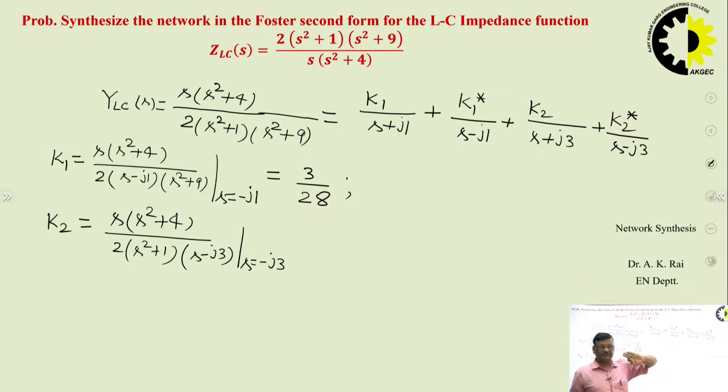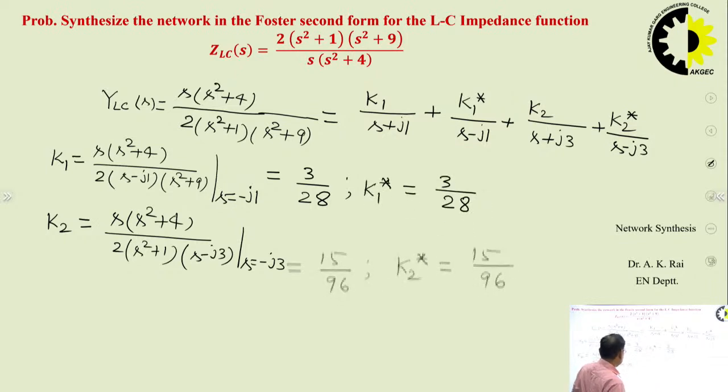The technique for Foster's is the partial fraction expansion. Before carrying out the partial fraction expansion, you must ensure that the given function is a proper rational function. Without ensuring that and carrying out the partial fraction expansion, you are committing some mistakes. So be careful.